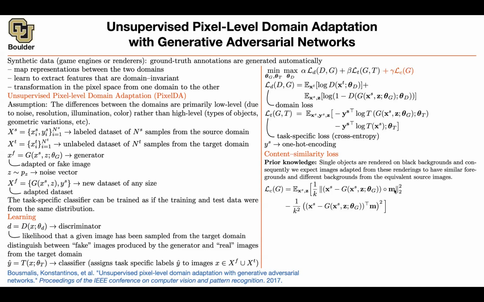So m is a mask. Ignore the background, only look at the foreground. This circle is just a Hadamard product, a pointwise product between two tensors. So you take a source image, push it through your generator, and compare the fake image and the source image only when it comes to the foreground. Ignore the background. And don't worry about this extra term for now.